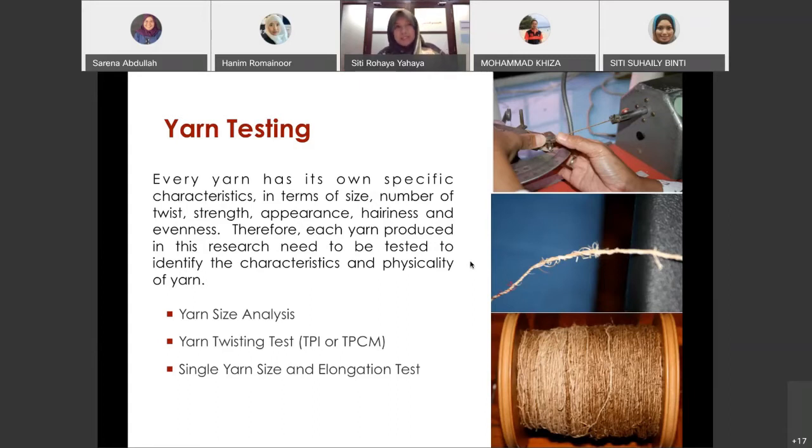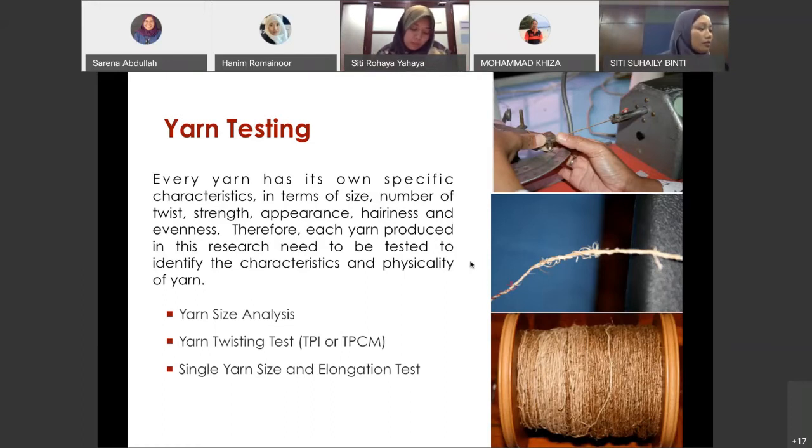It's something like how many twists you will get during the twisting process. The result shows that the average number of twists per centimeter, I use twist per centimeter, not twist per inch, of EFB yarn is 1.58 per centimeter.